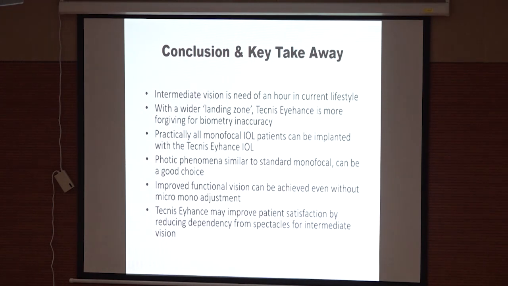If you want to give the patient more pseudo-accommodation, this lens will allow you to achieve more pseudo-accommodation with a mild to moderate difference between the two eyes, and the difference will be less than when you try with a standard monofocal IOL. Not many of us practice monovision, but again this IOL will help you if you are going to practice monovision as well.